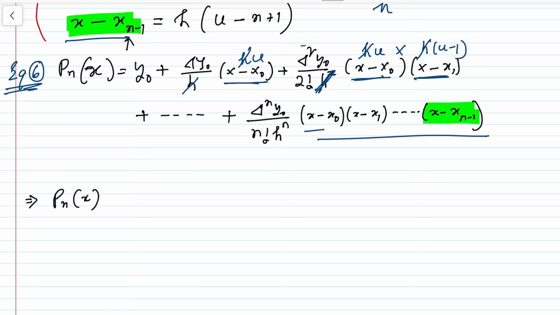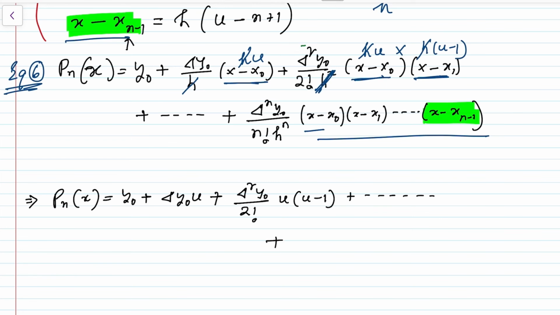After simplification we will get Pn of x is equal to y naught plus del y naught u plus del square y naught by factorial 2 u into u minus 1, and so on, and at the end we will get del to the power n y naught by n factorial into u into u minus 1, u minus 2 up to u minus n plus 1.